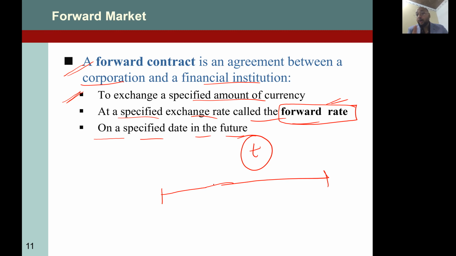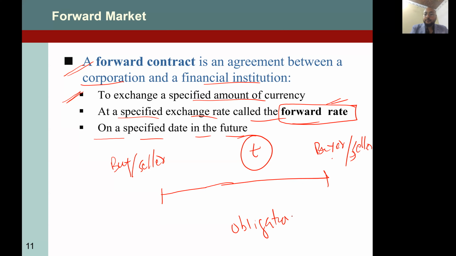So it means it's a contract. A contract means obligation between buyer and seller. And that is an obligation.